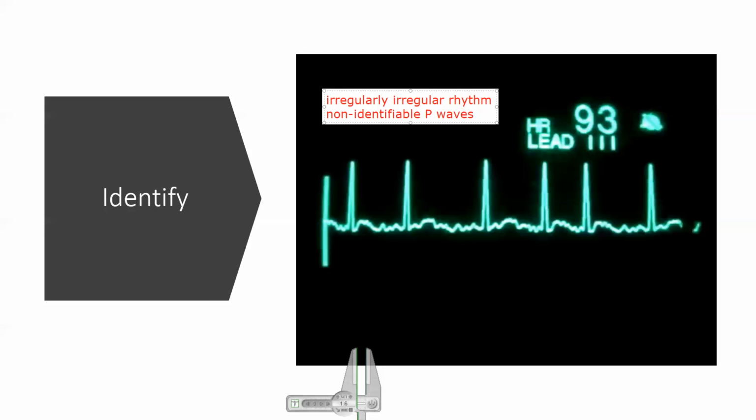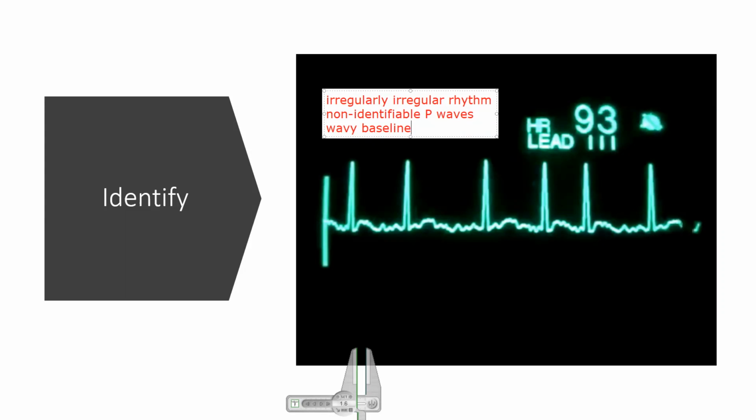That's the second criteria for atrial fibrillation. So whenever we recognize atrial fibrillation, there's also going to be a characteristic wavy baseline. So you see in this particular example that there is a wavy baseline, and therefore, having met all these three criteria, we could conclude that this particular rhythm is in fact atrial fibrillation.